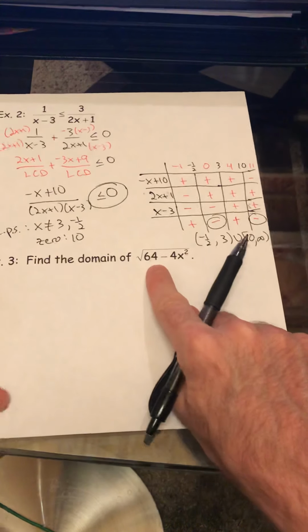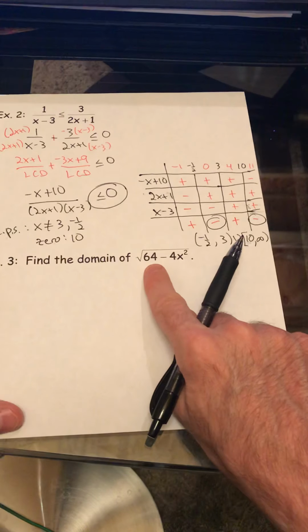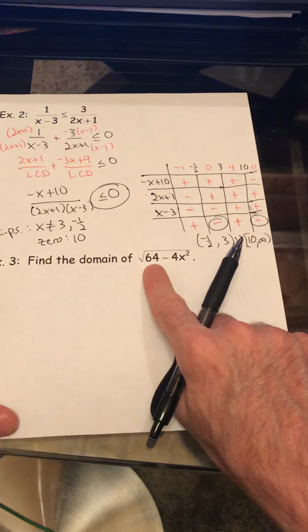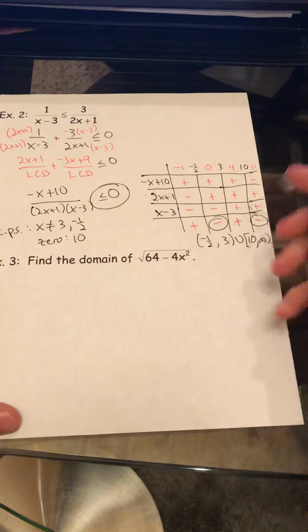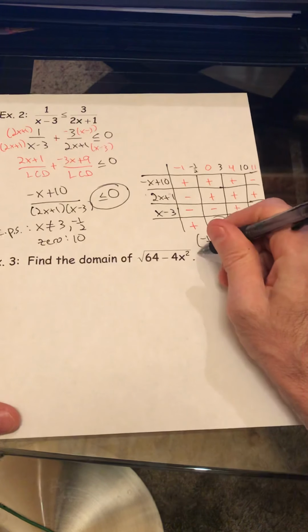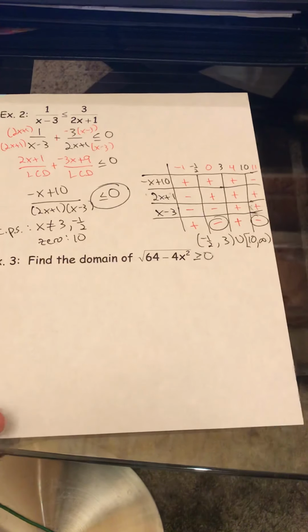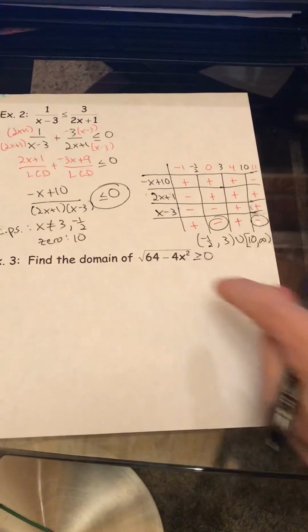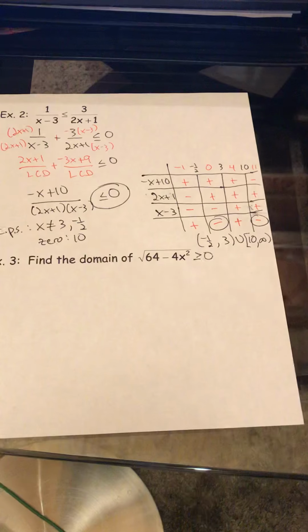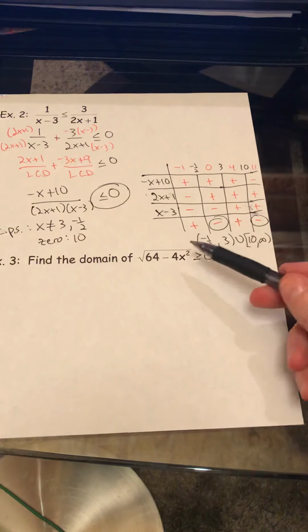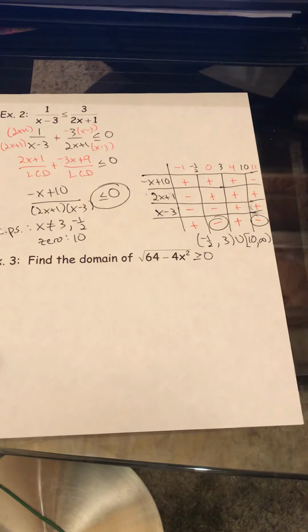All right, find the domain. Well, again, the domain of this radical, square root of 64 minus 4x squared. Because it's a square root, when it's asking us for the domain, it's basically saying, where is this greater than or equal to 0? Now, I know we've looked at questions very similar to this, I think in at least 2 examples already.